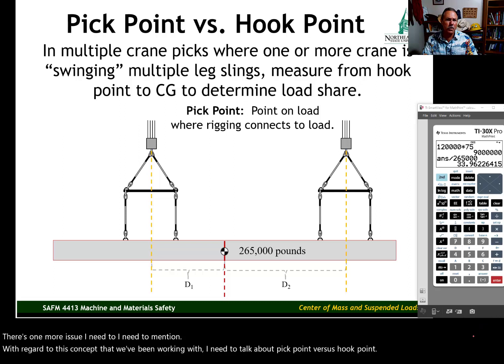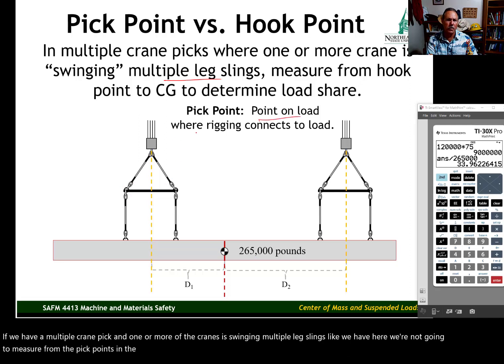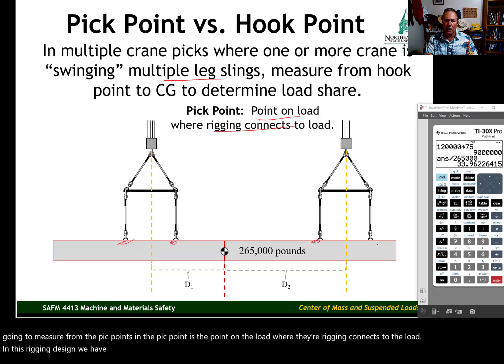If we have a multiple crane pick and one or more of the cranes is swinging multiple leg slings like we have here, we're not going to measure from the pick points. Again, the pick point is the point on the load where the rigging connects to the load. In this rigging design, we have 4 pick points.